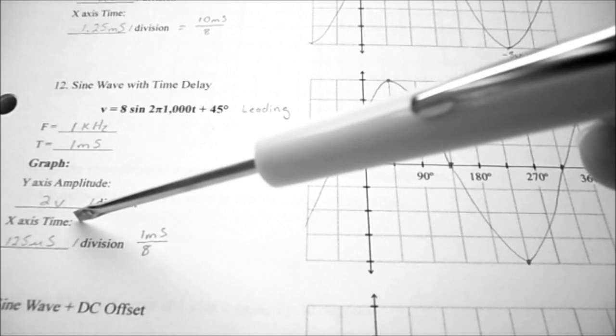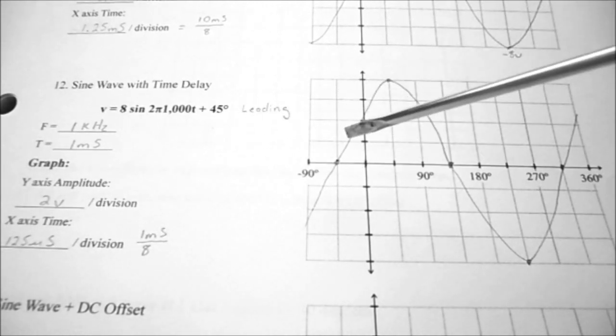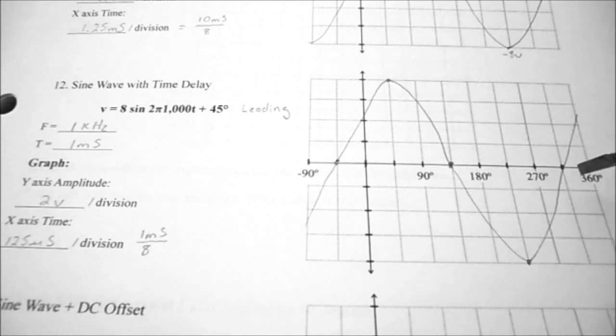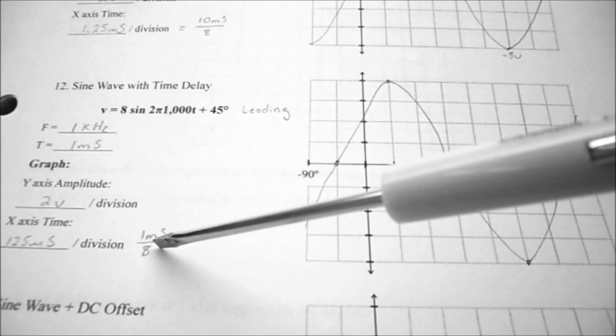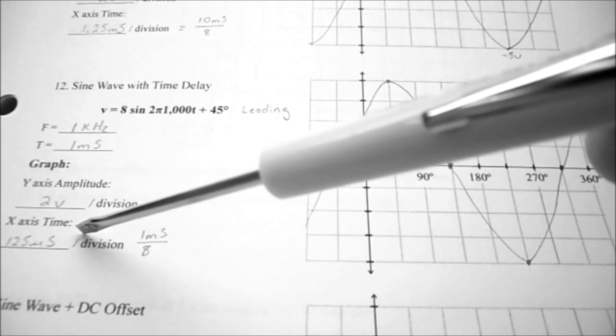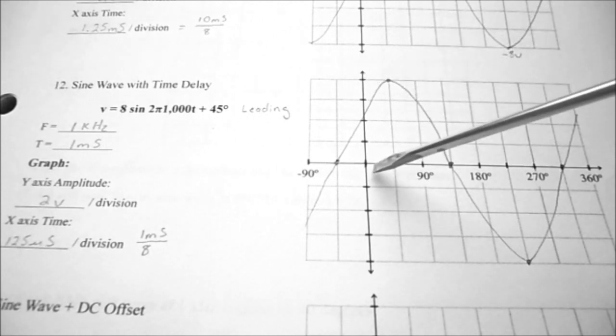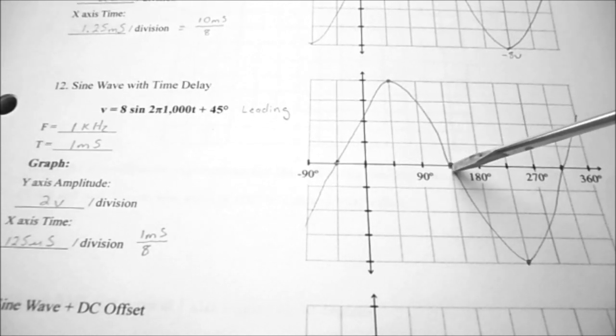On the x-axis, that's going to be 1 millisecond for the entire period, and we know that one period is going to take 8 divisions. So 1 millisecond divided by 8 is 125 microseconds. So each one of these divisions is 125 microseconds.